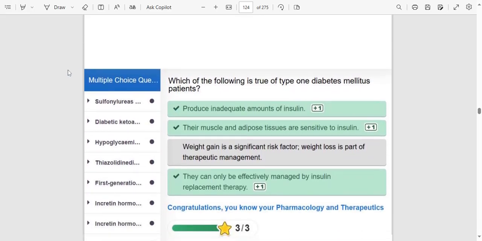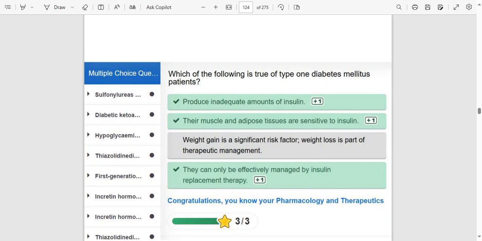So which of the following is true of type 1 diabetes mellitus: patients produce an inadequate amount of insulin. We know that's true. Their muscle and adipose tissue are sensitive to insulin. Remember, the problem is not insensitivity but lack of production of insulin. So if you just give insulin, that is what is going to be used to treat.